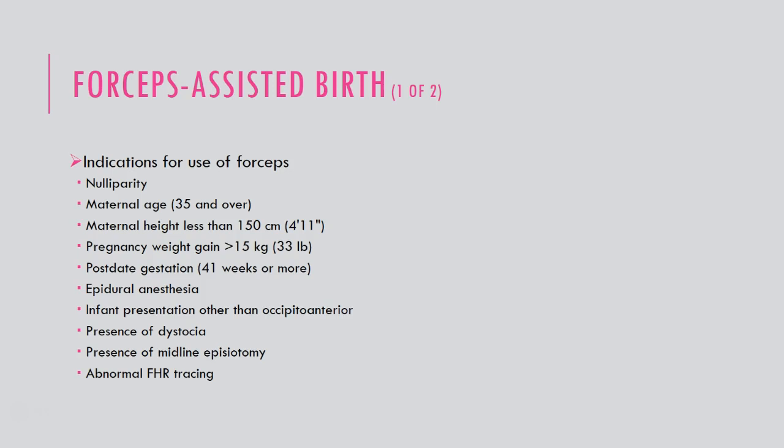So if you are going through the second stage of labor with your patient and you're noticing that the fetal heart rate tracing is becoming abnormal, that things are looking non-reassuring due to all the pushing and stress that is happening to the baby as it's coming through the birth canal, a quicker delivery might be necessary, so the physician may opt to use forceps.